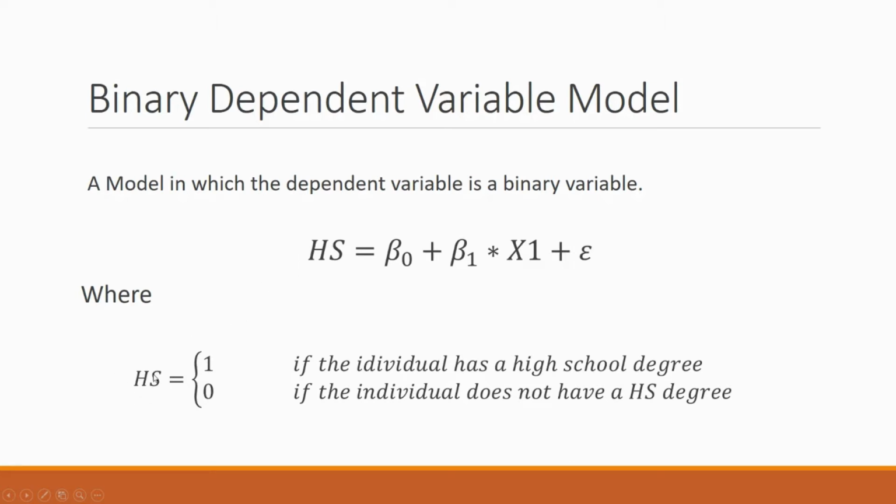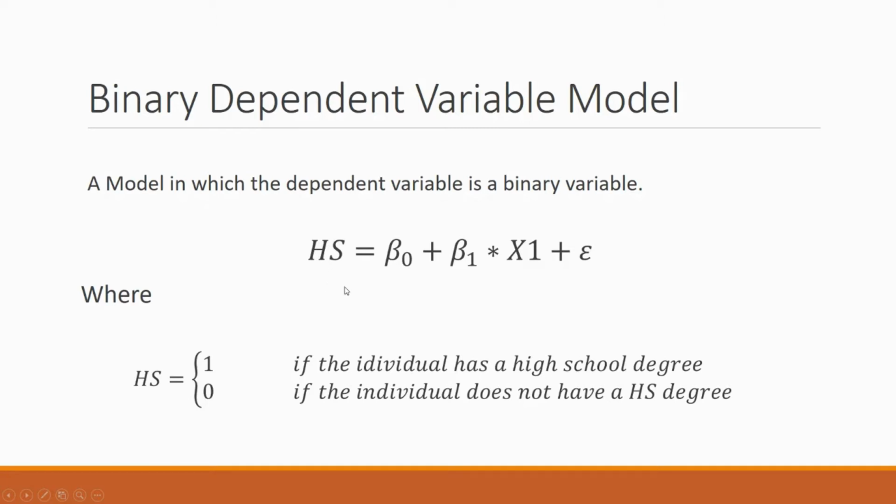It can take two values, 1 or 0, and we're going to have that as our dependent variable. So we will regress the high school degree variable on our independent variables. This is a binary dependent variable model. It's a model that has a binary variable as the dependent variable.